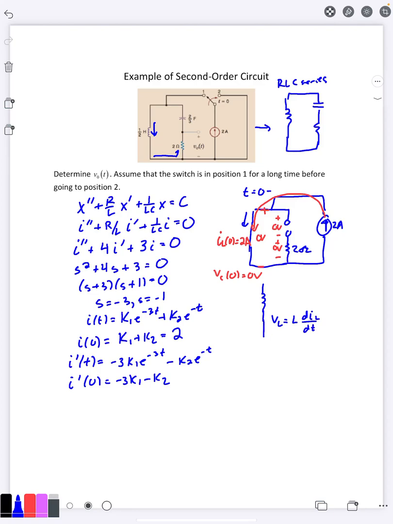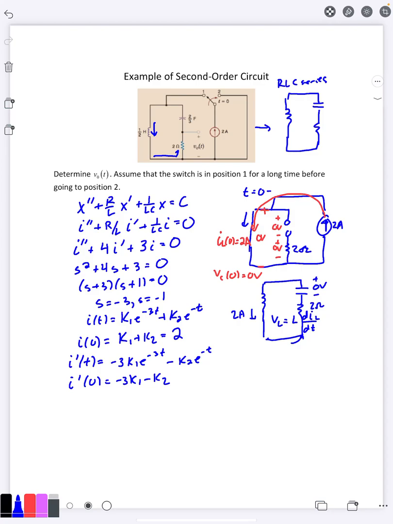So if you look at right after the switch happens, we have this resistance here, 2 ohms. We know there's 2 amps going through right after the switch happens. So that means there's a 4 volt drop across the resistor. We know that initially the capacitor had a 0 volt drop on it, so it's not going to change right after the switch happens.